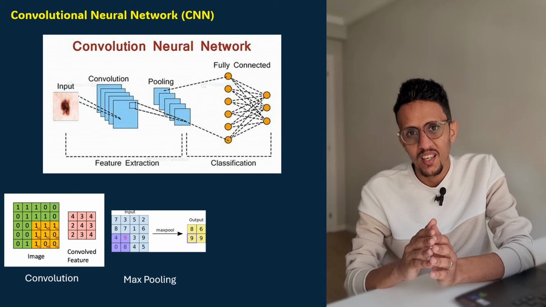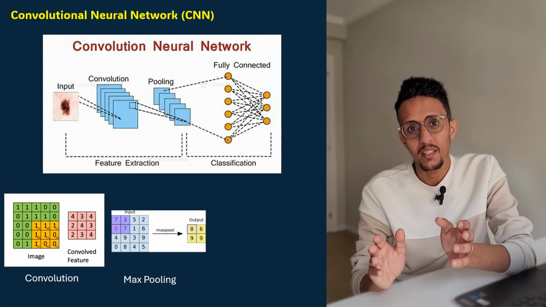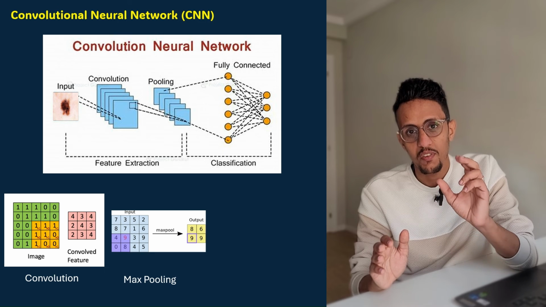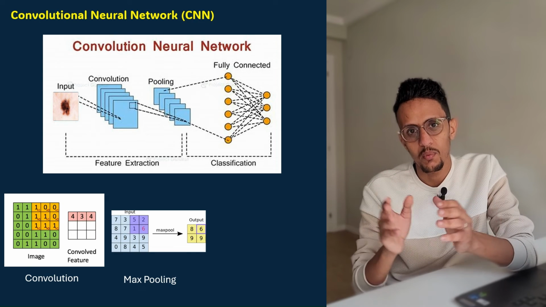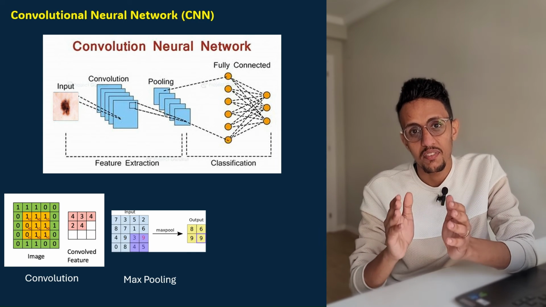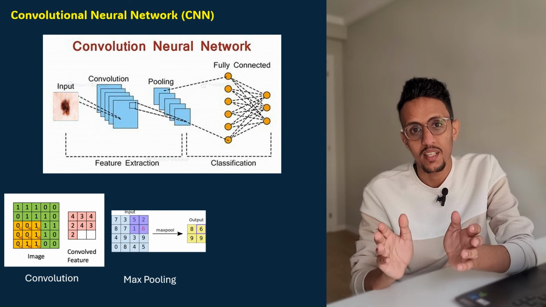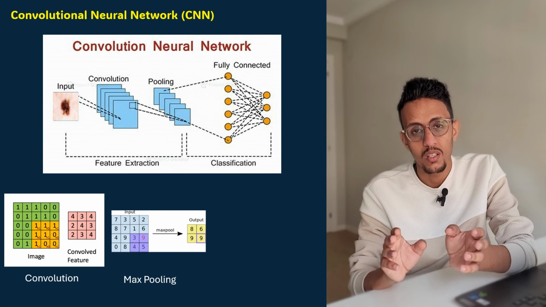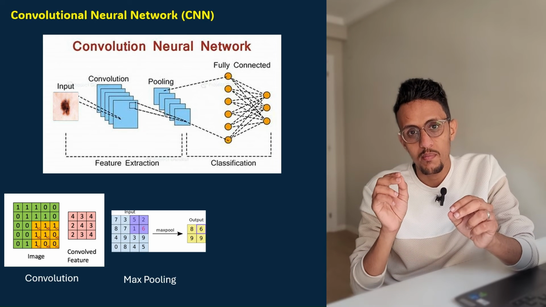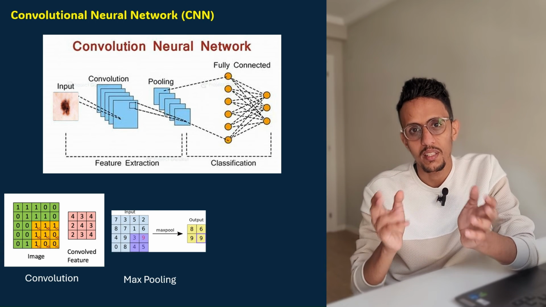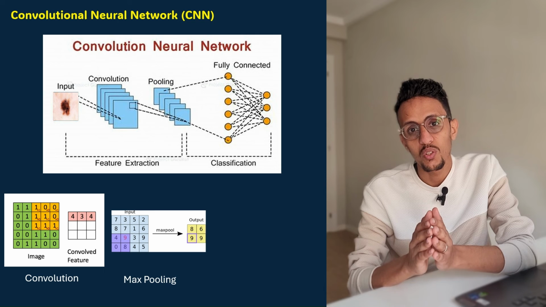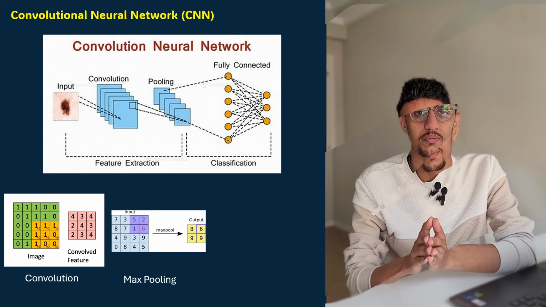The pooling layer, if it is 2 by 2 for example, means that for each 4 pixels in the feature map, we take only the maximum one. For example, if the feature map is a 4 by 4 matrix, that means we have 16 pixels. From each 4, we take only the maximum one. We end up having a 2 by 2 matrix. This is to reduce the computation time and cost.